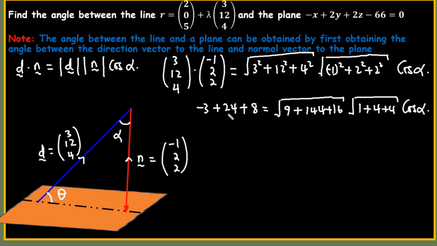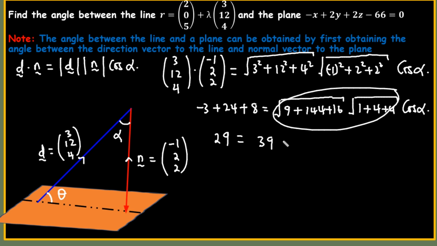So -3 plus 24 plus 8, this is 29. Everything's equal to, now when we evaluate this, we are going to get 39, then multiplied with cos of alpha.